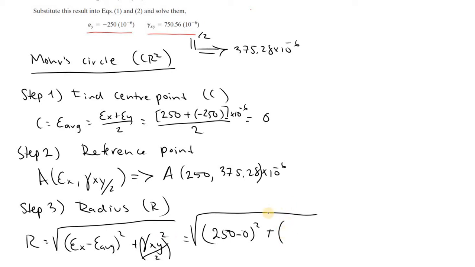So in here we'll have our 375.28 squared. Quite easy to forget and get it confused with our stress, but that's basically the only difference. So 450.92 times 10 to the negative 6.